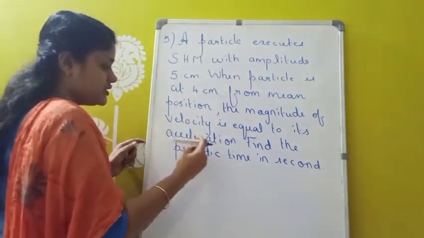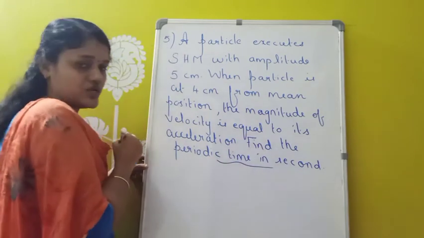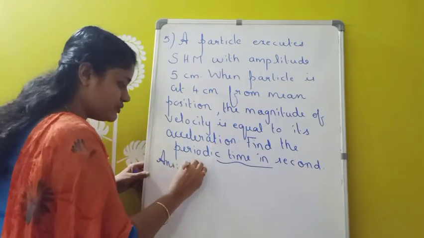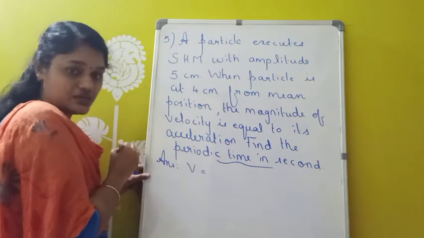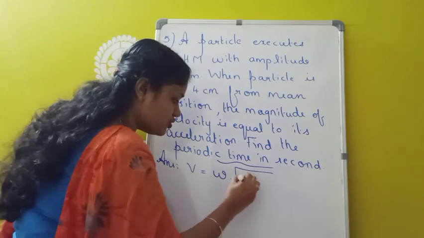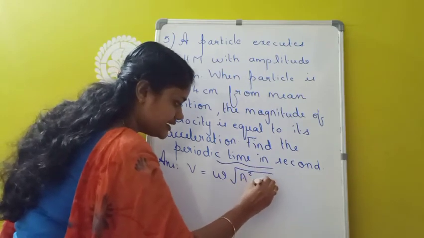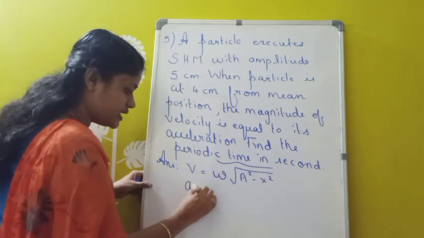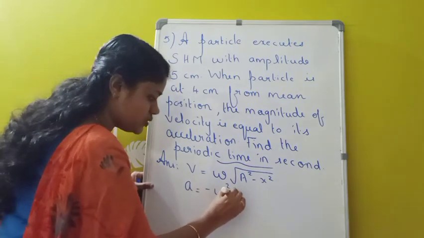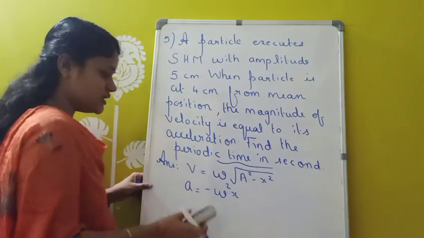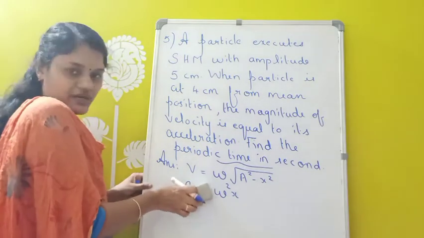We know the formula for velocity as well as acceleration. The velocity of a particle executing simple harmonic motion is given by v equals omega into root of a square minus x square. Similarly, the acceleration formula is a equals minus omega square into x. This minus indicates only the direction, and here they are asking only about the magnitude, so I am not taking this minus here.